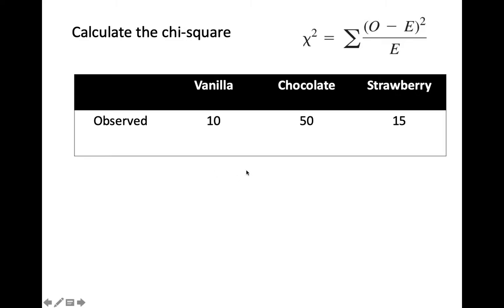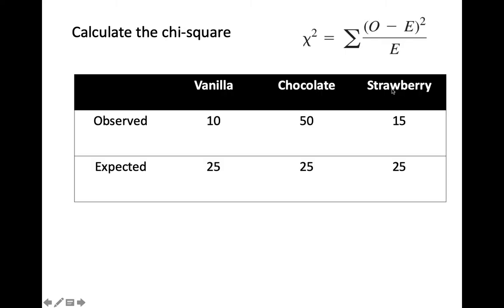Well, it just means the same frequency in each one of the cells in the table, or across each of the levels of this categorical variable. So we just determine that by taking the sample size, 75, and dividing by 3. So there we are, our expected frequency is 25 for each.